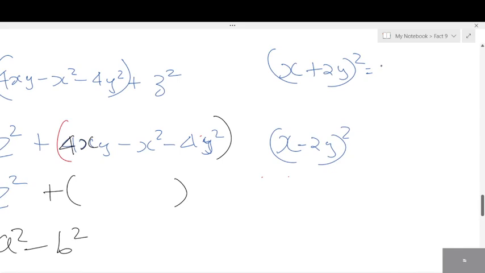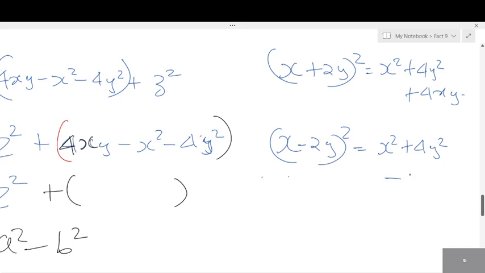What do you get for this, students? X square plus 4y square plus 4xy, right? For the second one, what do we get? Tell me for the second one, students. X square plus 4y square. What is a minus b the whole square? A square plus b square minus 2ab, right?